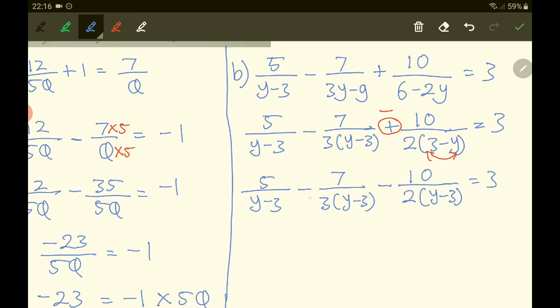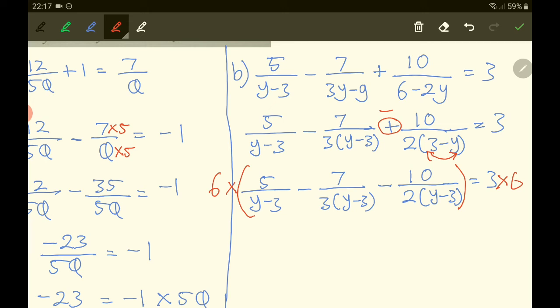Now we have y minus 3 on the denominator. What next? The next step is to make the denominators the same by multiplying both sides by 6. The 3 is multiplied by 6, and everything on the left side is multiplied by 6.